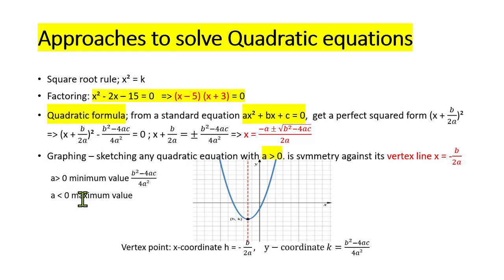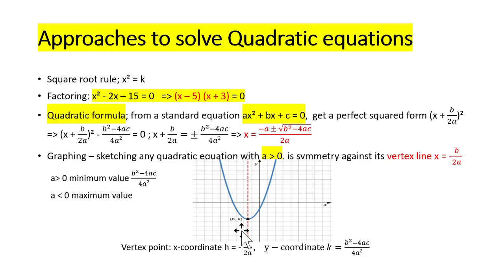If the coefficient of the x squared term is negative, then the graph should be the other way, opening down. So it has a maximum value.